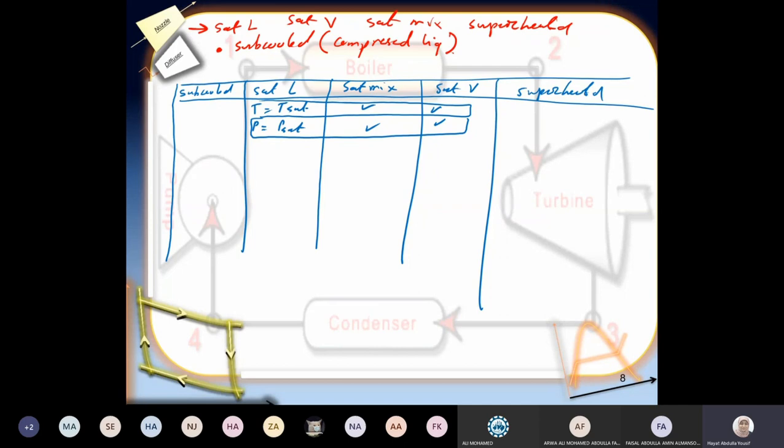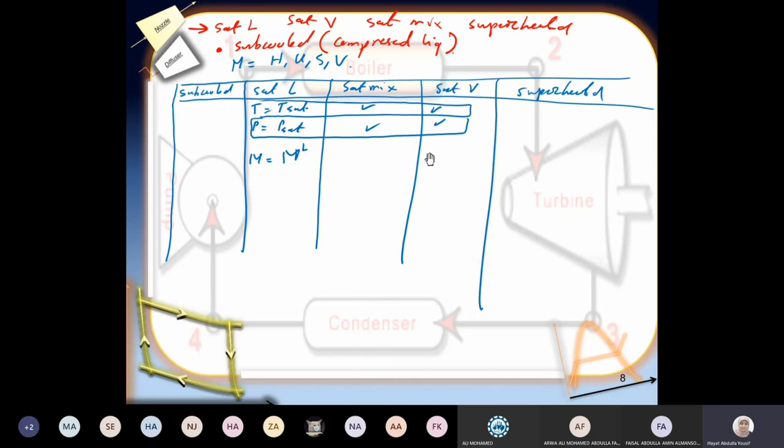But when it comes to property M, I will define M here: M can be any property, H, U, S, or V, based on the table. If you want to get it for saturated liquid, then you will get the liquid properties from the table. So it's M_L.